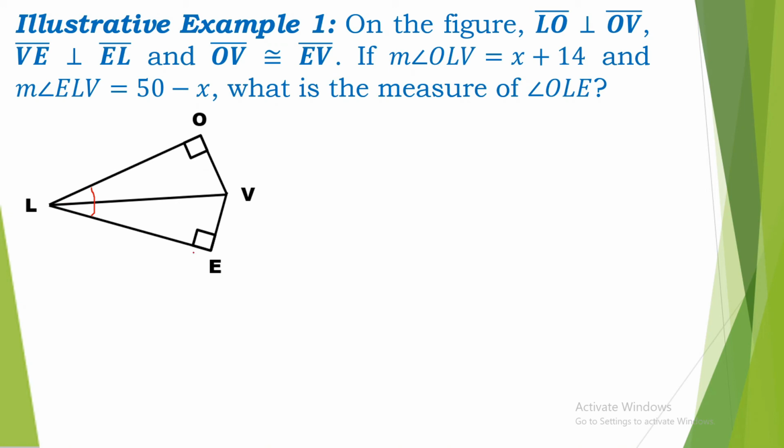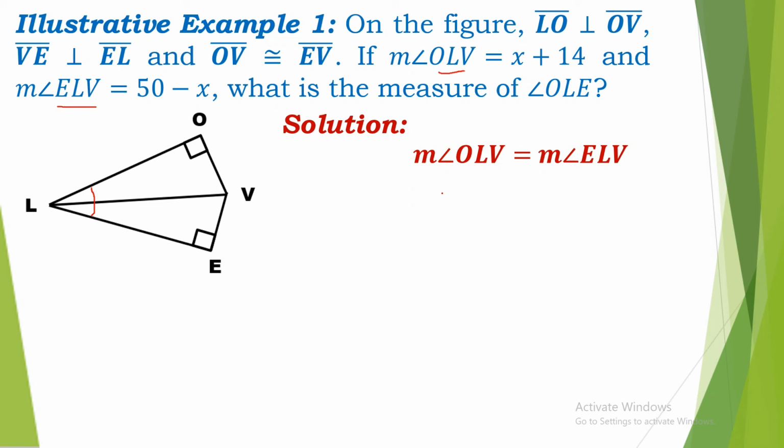That means segment LV divides angle OLE into two congruent parts, and those are angle OLV and angle ELV. Then that means that the measure of angle OLV is equal to the measure of angle ELV.